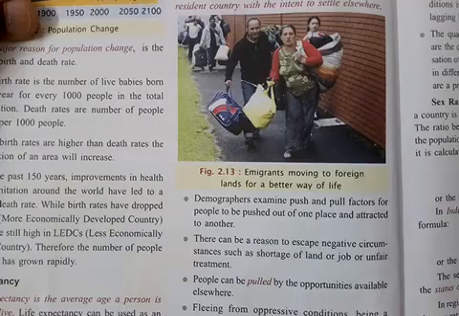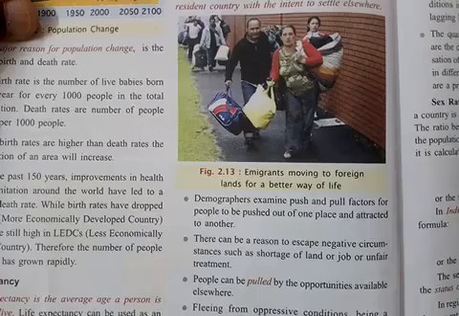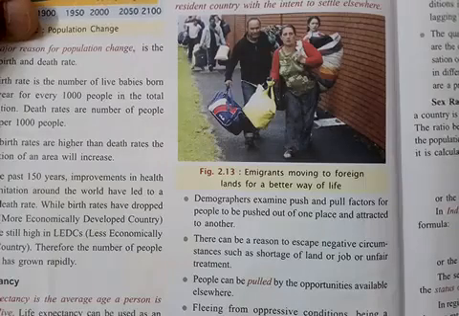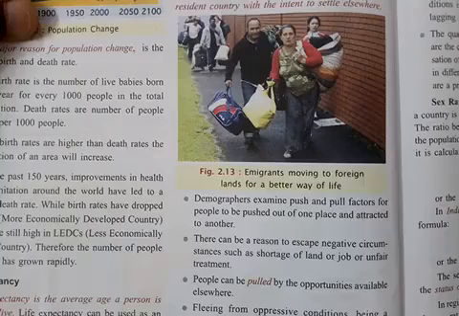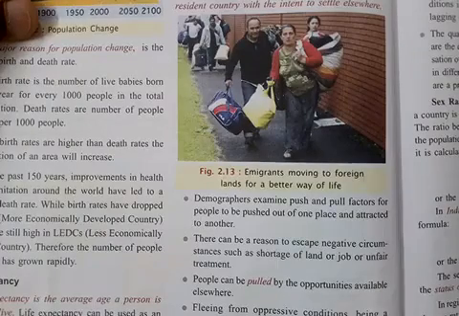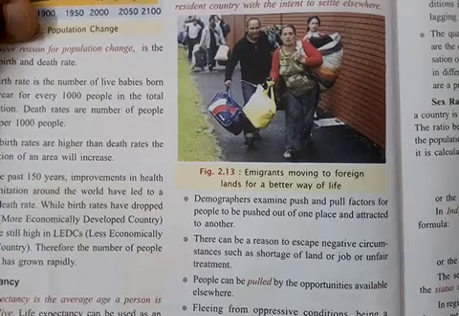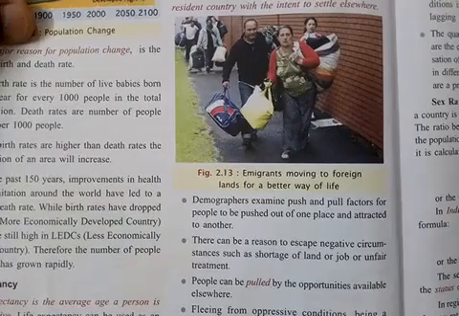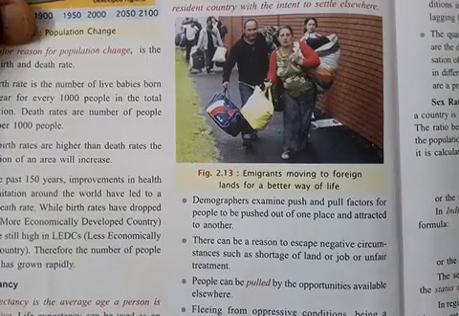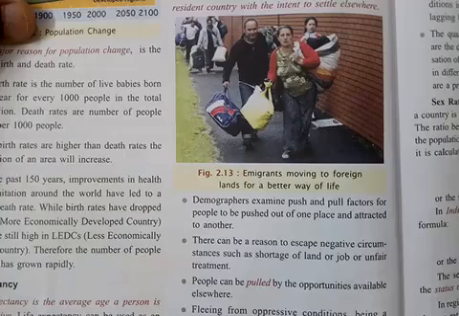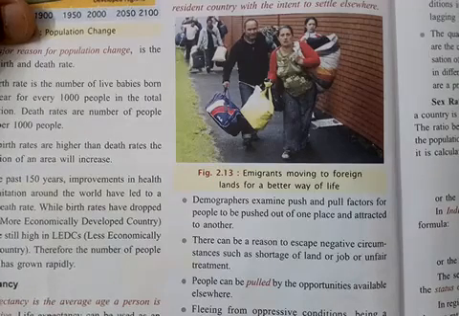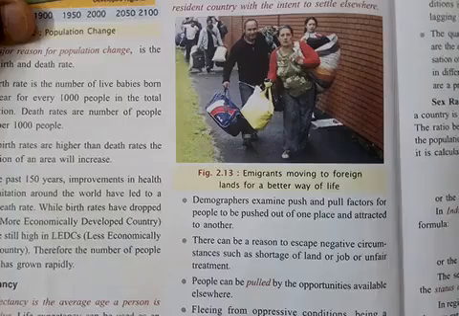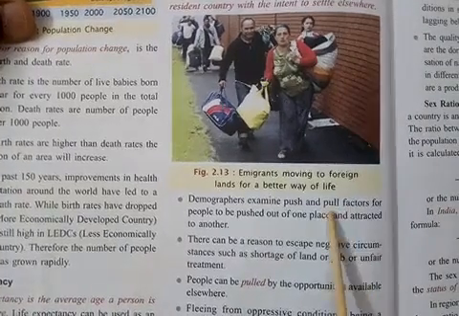Because these countries give a very good, very high package, these students first migrate to these countries, and after that they settle there. So what is attracting these IITians? A better job, a better package, good salary package. Now this factor is called pull factor.